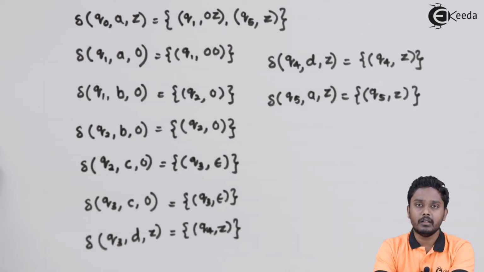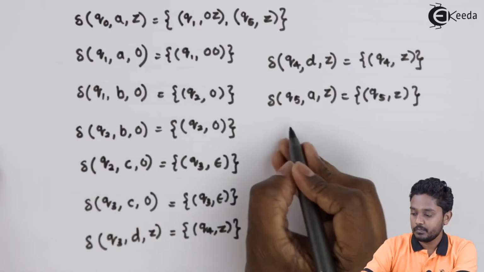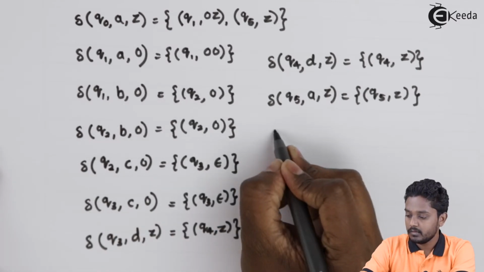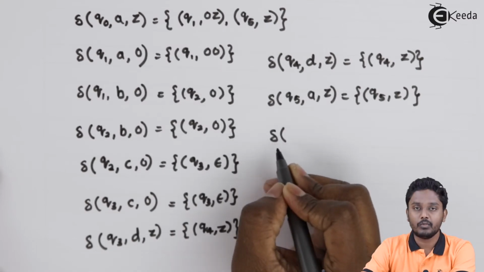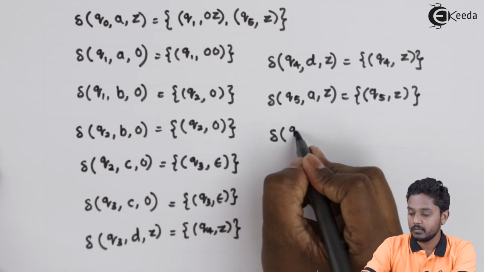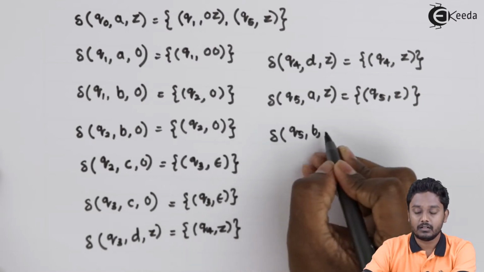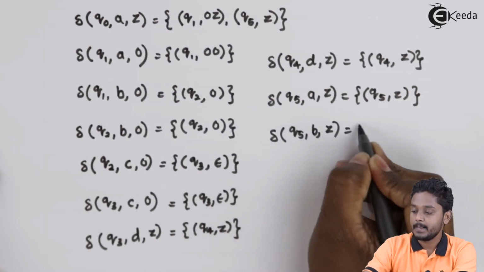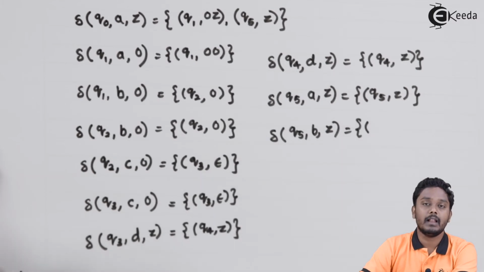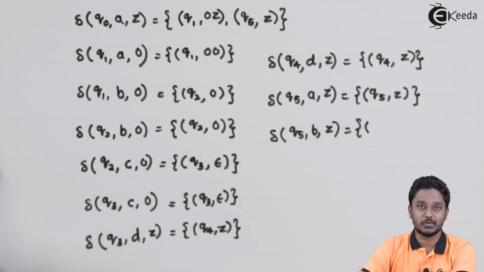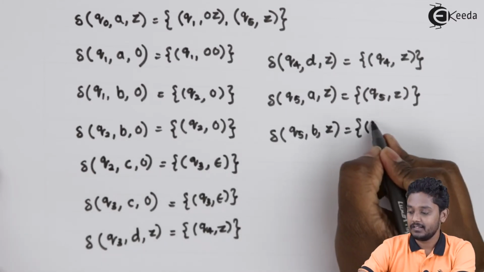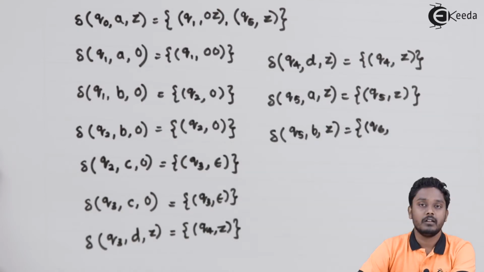On encountering B, it will start counting by pushing a 0. So delta of Q5 with B and Z, we will have transition to the next state, which is Q6. Now I'll push 0, so it will be 0Z.